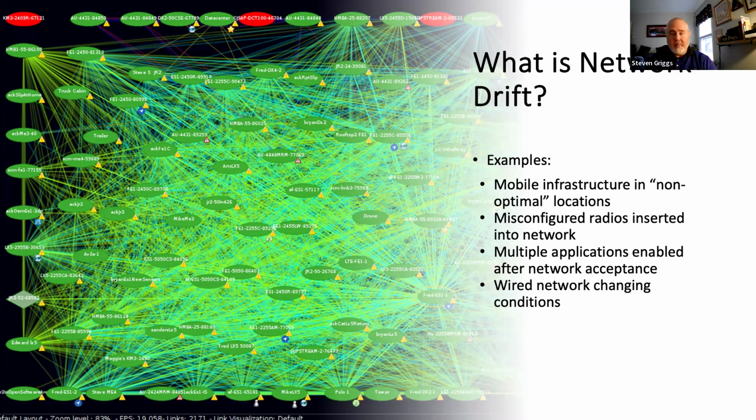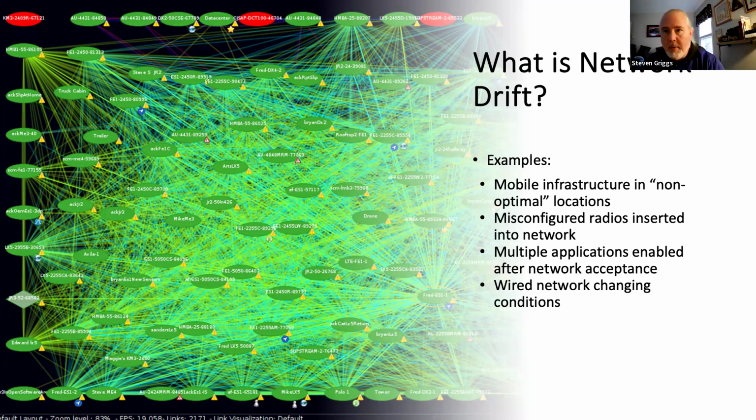I've never known it to not happen, especially in mining. But certainly other platforms and other use cases, you'll find that over time, your network will start to drift in that it becomes less effective. Latency increases. You'll see some degradation in application performance.